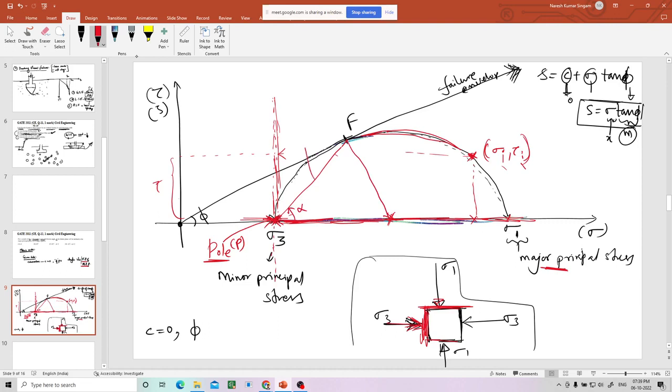This is the failure plane, this is the major principal plane.